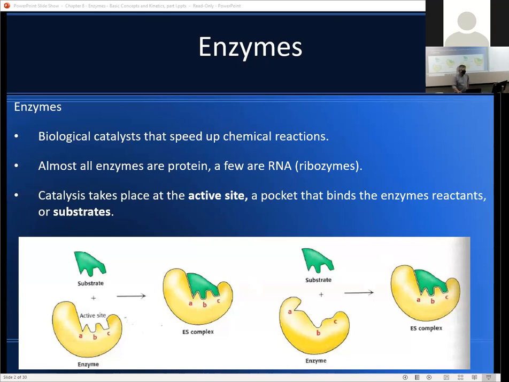We can see in this diagram here the active site. Here we can see there are two different models for enzyme substrate interaction: the lock and key model and the induced fit model. I think we'll talk about this later. I'd be getting ahead of the PowerPoint if I explain it right now. But you can see in both cases, the active site specifically binds the substrate.